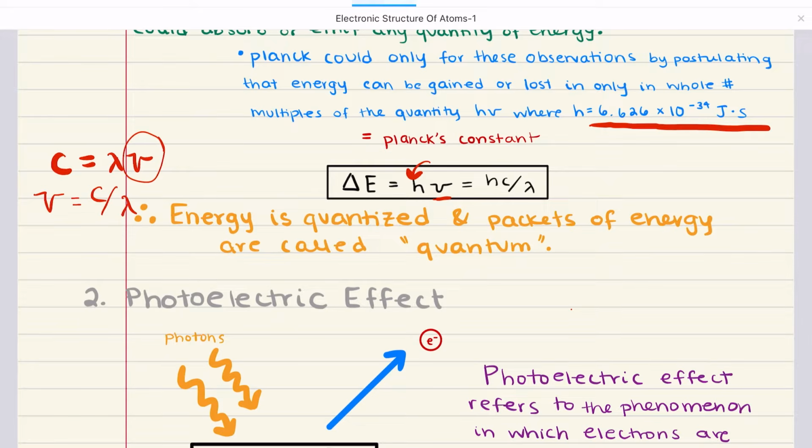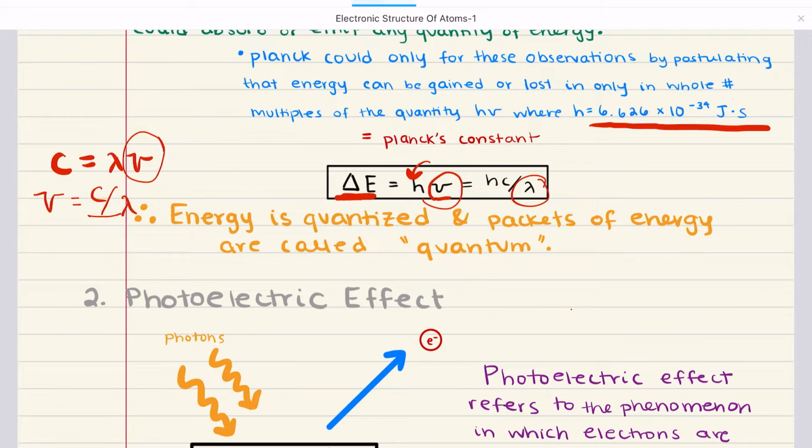And if we replace frequency with this definition, now we have a relationship between energy and wavelength. All right, so there is a relationship between energy and frequency and between energy and wavelength. And this reinforces something that we covered earlier. Shorter wavelengths have higher frequencies and thus carry higher energy.